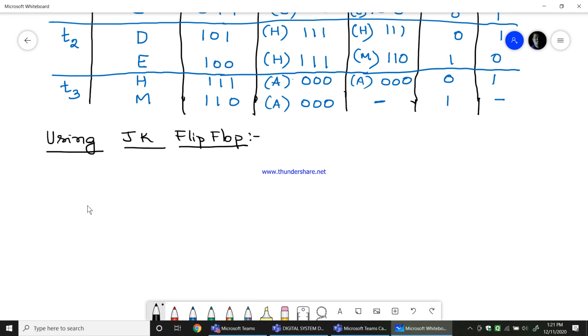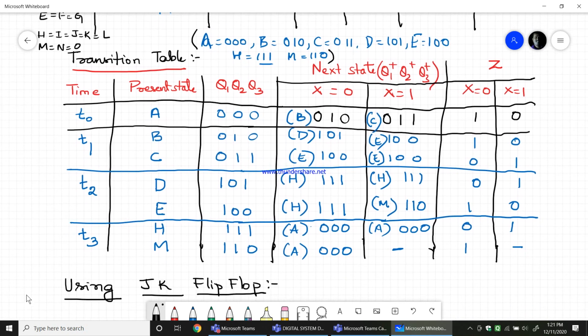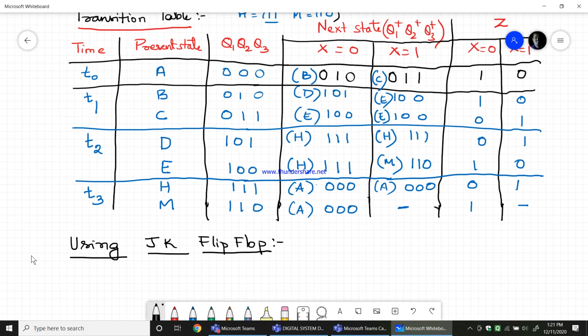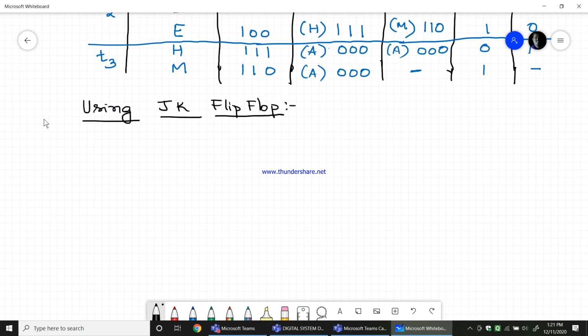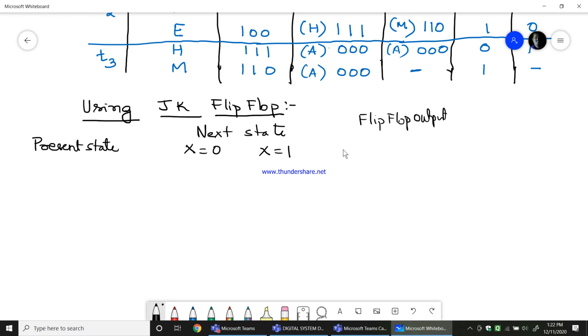For that what we need to do, we need to have only the present state and the next state in this particular table for writing the JK flip-flop table now. So the present state is Q1, Q2, Q3. The next state is Q1 plus, Q2 plus, Q3 plus. Therefore that is what I write. So present state, next state when x equals 0, x equals 1, and the flip-flop outputs when x equals 0 and x equals 1.